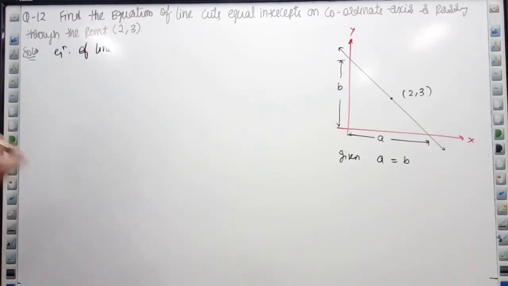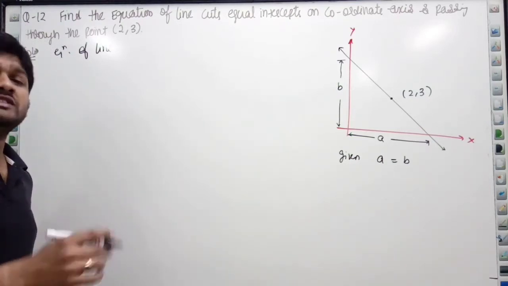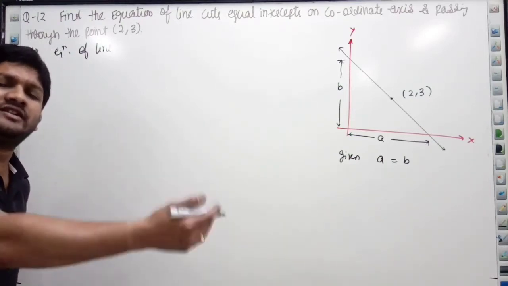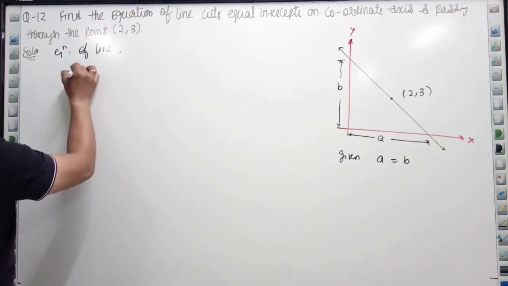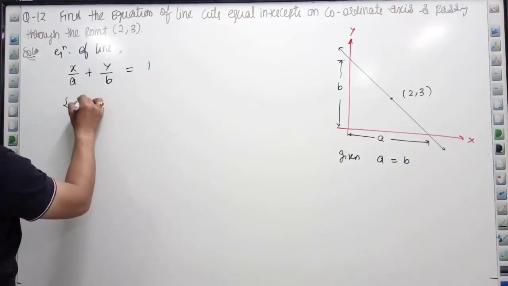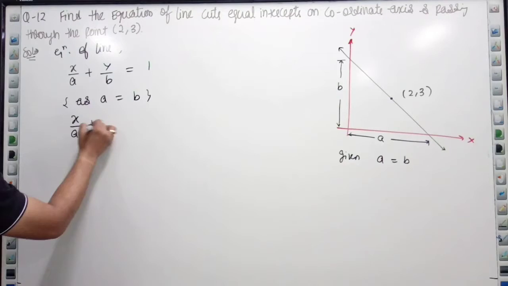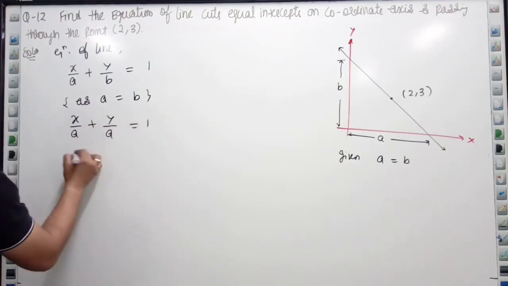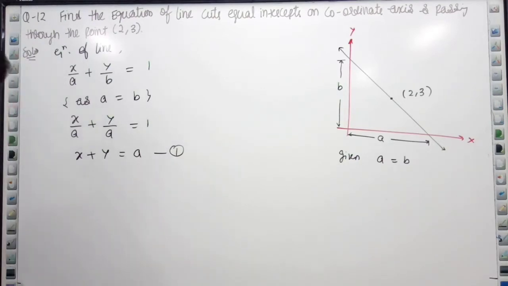Which form will I be using? As the information about the intercept is given in the question, I will be using the intercept form. So x upon a plus y upon b equals 1. As a equals b, I can write x upon a plus y upon a equals 1, so x plus y equals a. This is equation number 1.